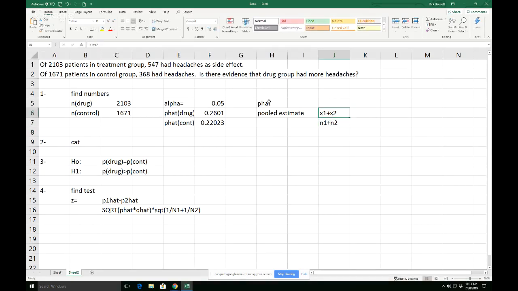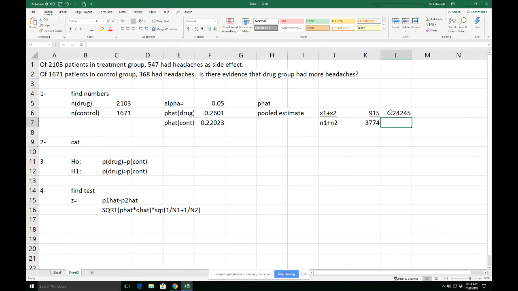So we're going to add up all the people with the headaches, the 547 plus the 368, and add up the 2 sample sizes, the 2103 plus the 1671. It's going to be between 22 and 26%, that divided by that.